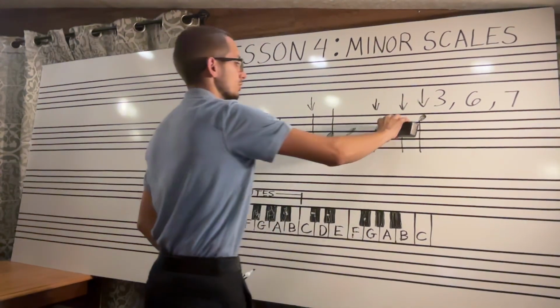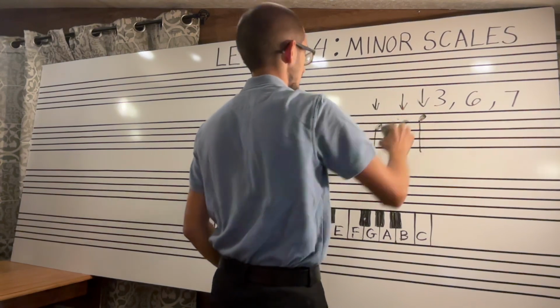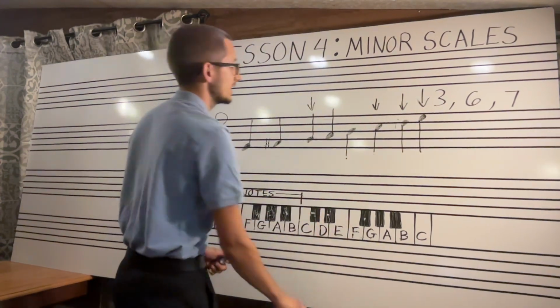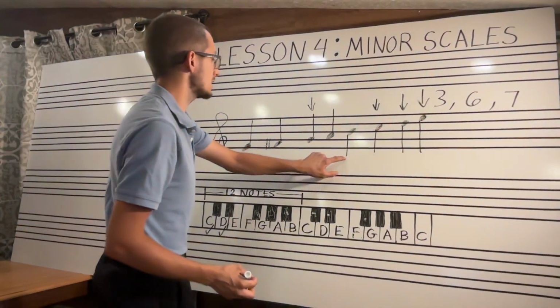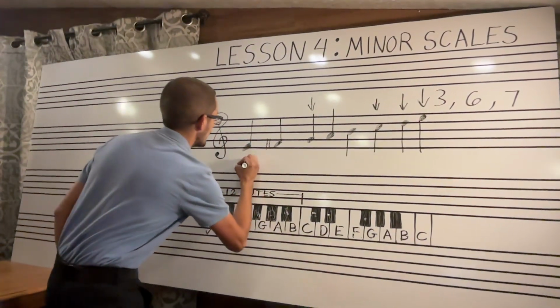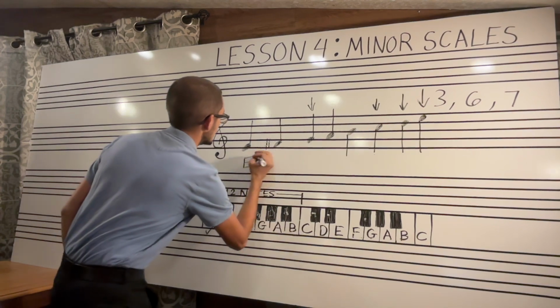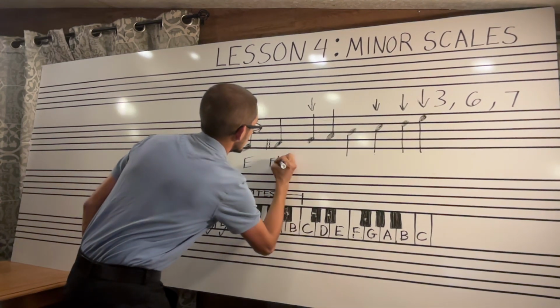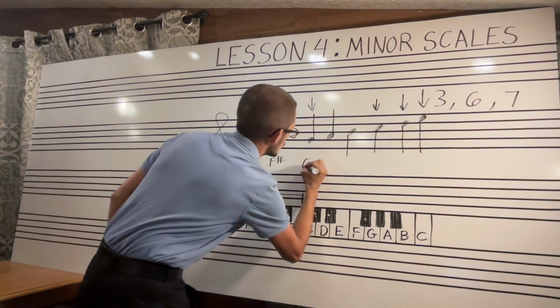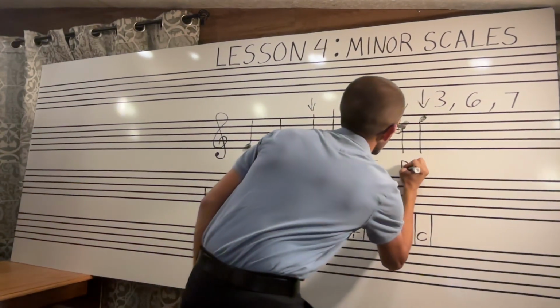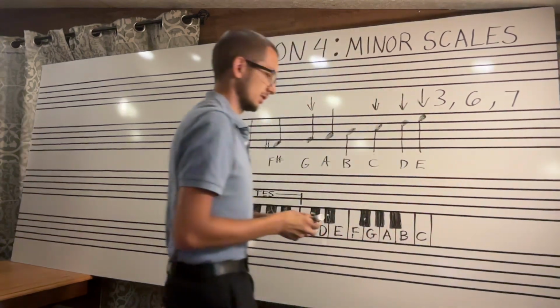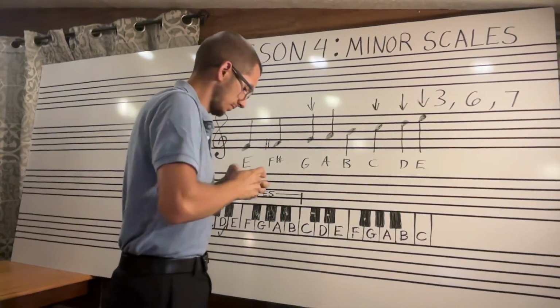And then we'll just take away the sharp on this D as well, because that D sharp needs to be a D natural. And so now we are left with our E natural minor scale. And the E natural minor scale goes E, F sharp, G, A, B, C, D, and E. That sounds like this on the piano.